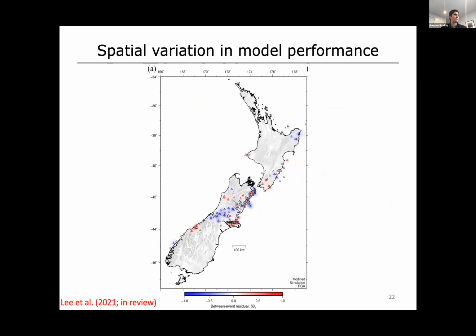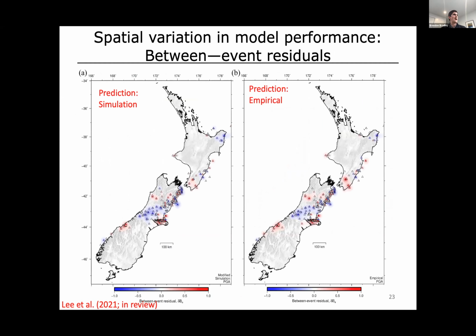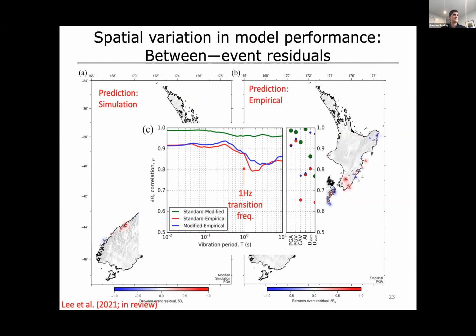We can then, with so many events, start to look at systematic trends. So this figure is illustrating the between event residual as a function of the event location throughout the country. This is particularly the event residual from the simulations on the left, but of course we can do that both for the simulation and then also from equivalent empirical models that we see on the right hand side as well, to try and understand how that between event residual is actually a function of the simulation, or whether it's more telling us something about the underlying nature of the event itself.